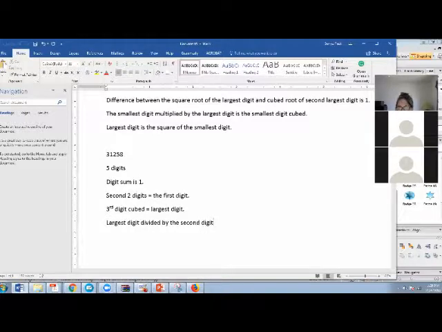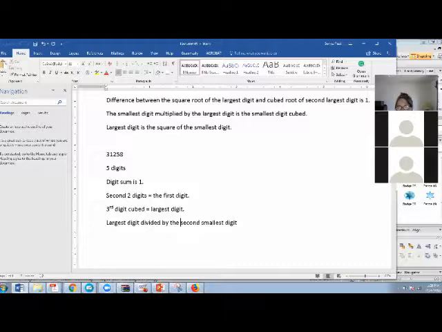So the largest digit divided by the second digit, or the second smallest, or the third digit. Okay, so let's do that.